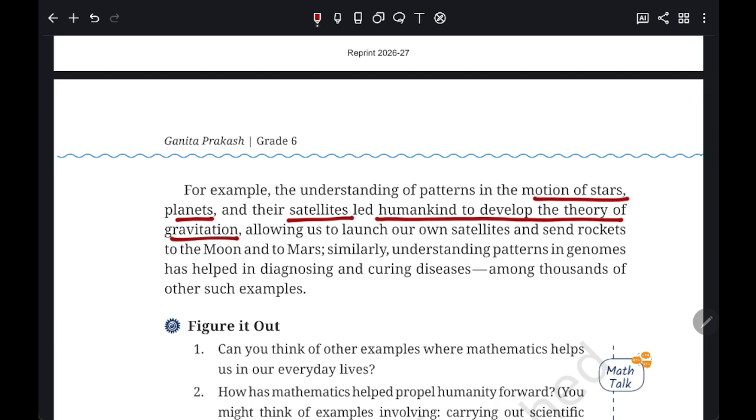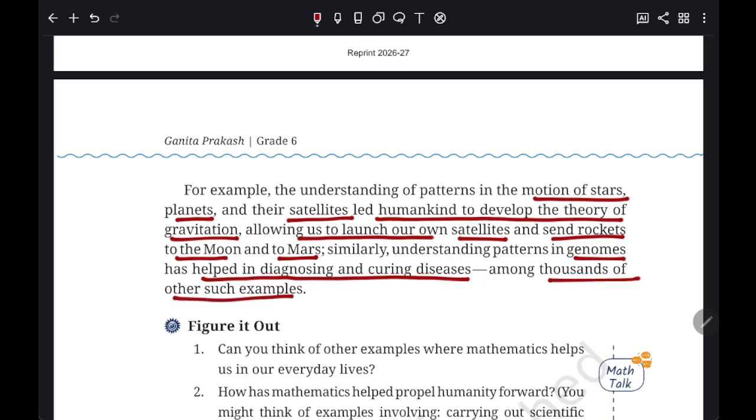There is rotation, and this is due to a theory which is known as gravitation. It allows us to launch our own satellites, send rockets to the moon and Mars. Similarly, understanding the patterns in genomes helped in diagnosing and curing diseases, among thousands of other such examples.